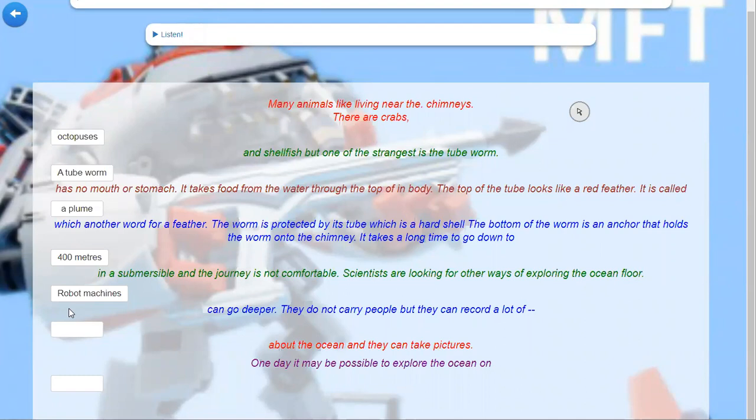So it is difficult for scientists, as I told you, to discover the bottom of the sea. So they are trying to make machines, like robots, which can go down and record everything.